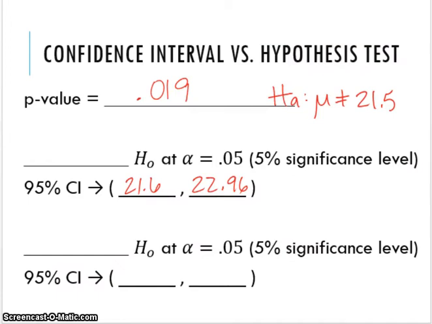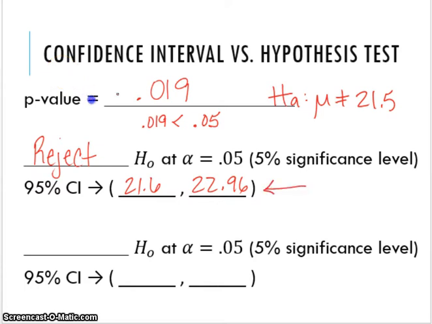Are we going to reject or fail to reject at 5%? Our p-value, 0.019, is less than 0.05, which means we are going to reject the null hypothesis at a 5% significance level.